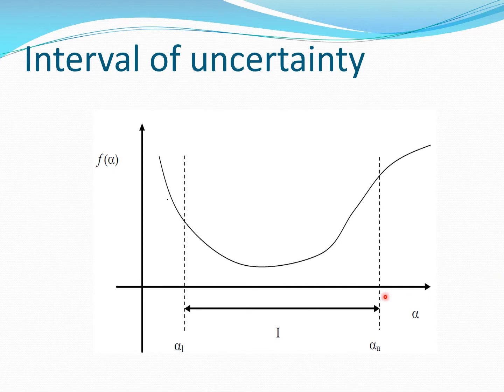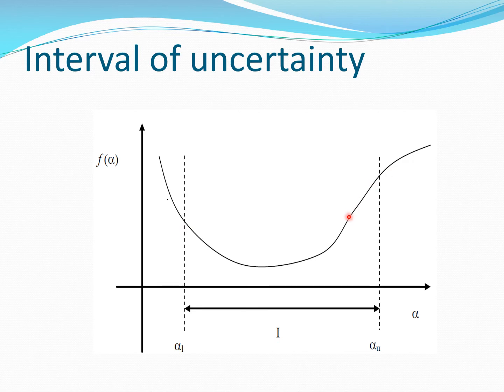If we plot a general curve of f of alpha with respect to alpha, you get something like this, and this is going to have some minimum point at some place here. This is alpha subscript L, the lower bound, and alpha subscript U, the upper bound. When you have discovered these two bounds, you have bracketed the minimum.